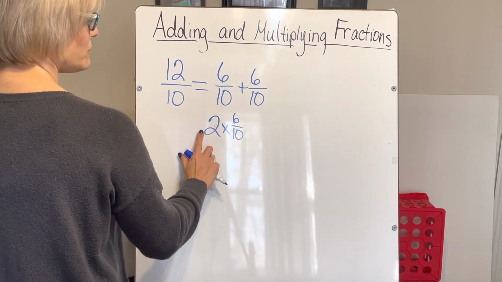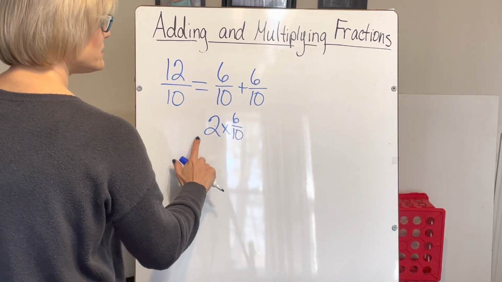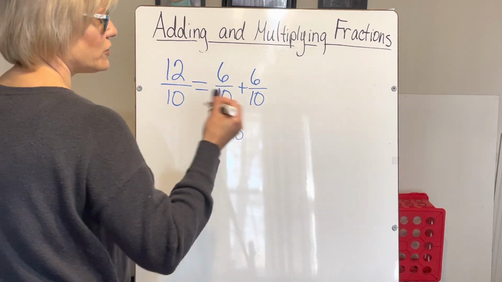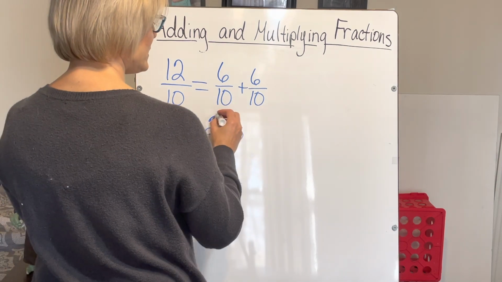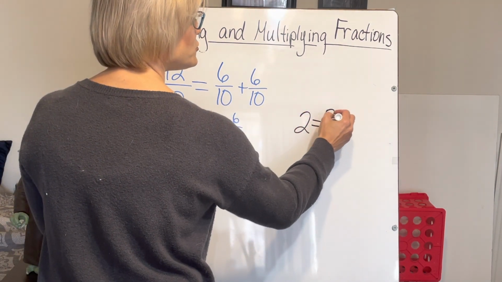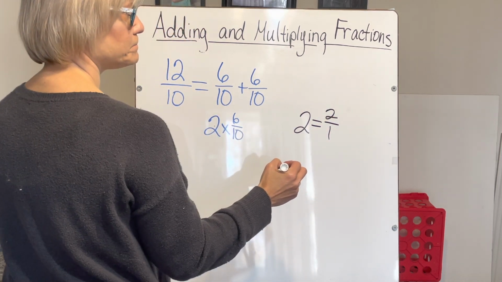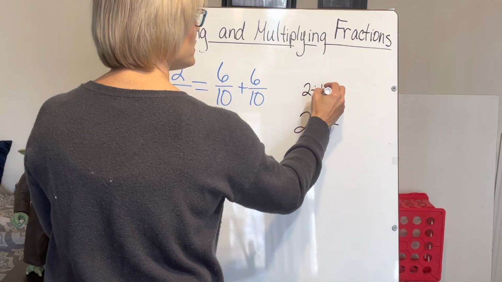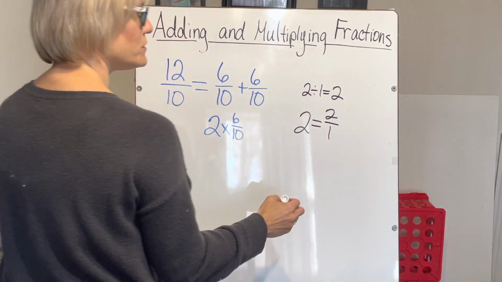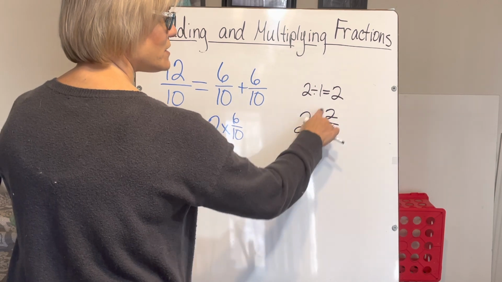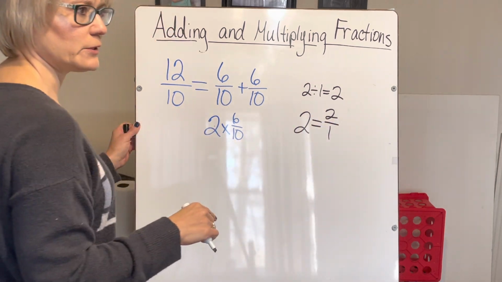And I also can rewrite this, and I'm going to show you this. This is something that we'll be talking about later on, but I think it's important to bring up right now. This 2 whole can also be written as 2 over 1. Now if I do 2 divided by 1, I get 2. So 2 divided by 1 equals 2. So this is another way to show that whole number.